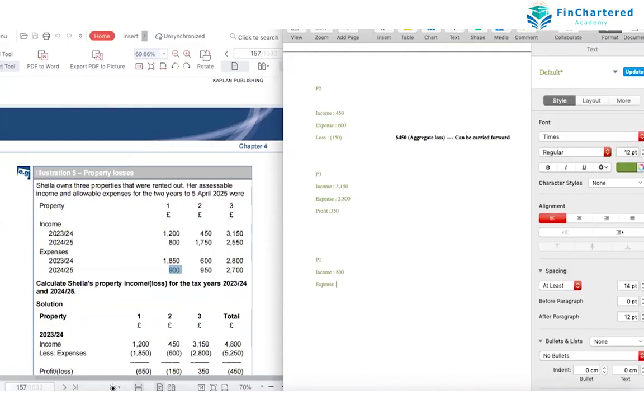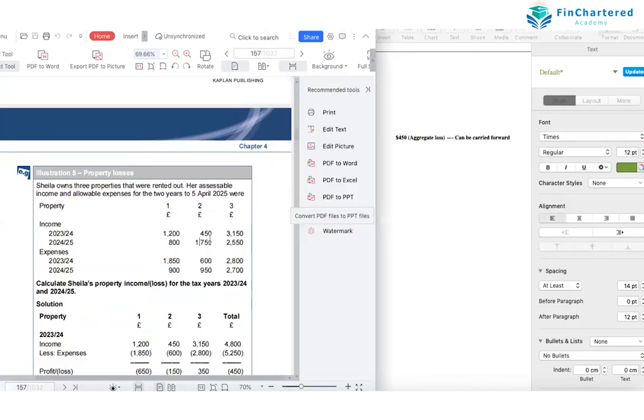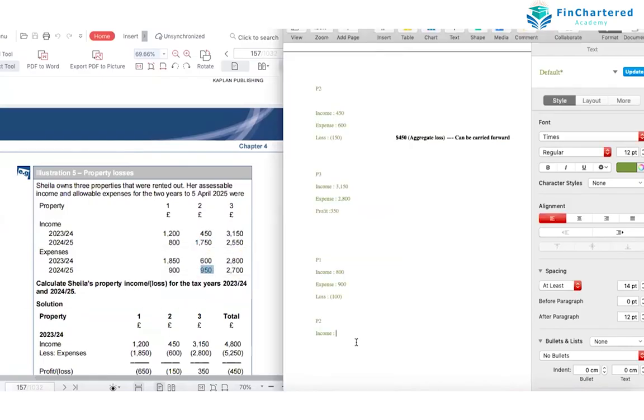So there's a loss of 100. What about P2? P2, there's an income of 1750. There's an expense of 950.